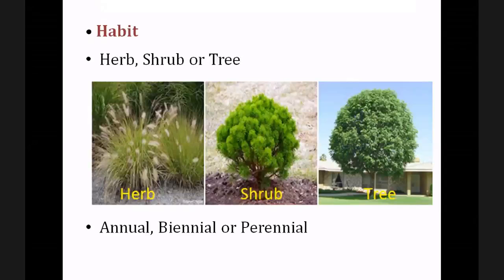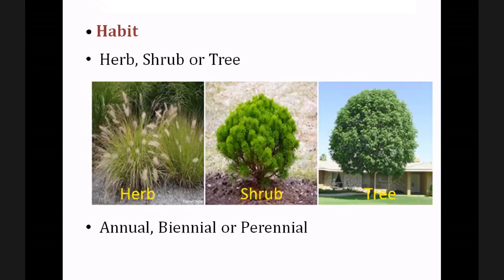Under the habit we can describe the plant development, the branching pattern, the length of the stem, the branching habit and the texture of the foliage.